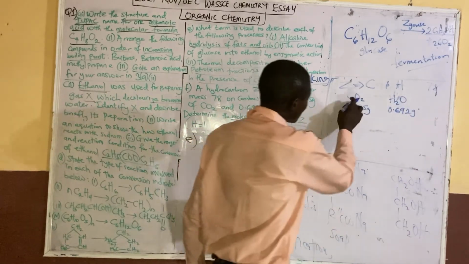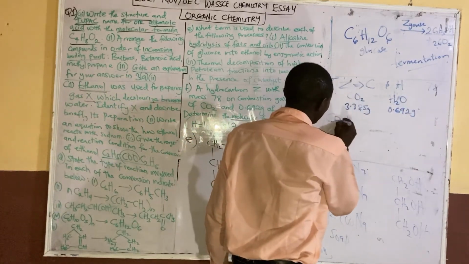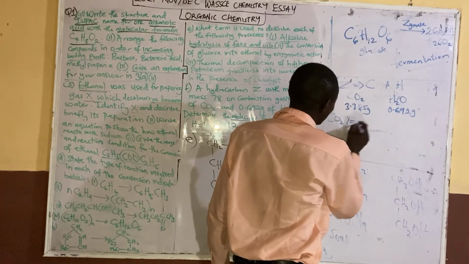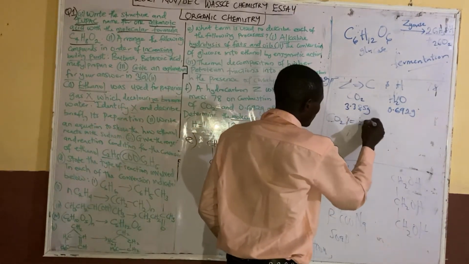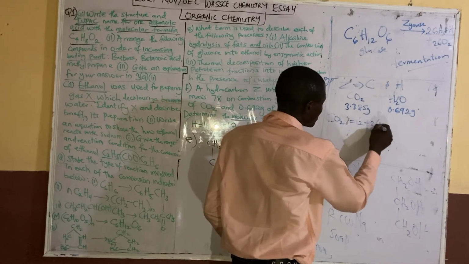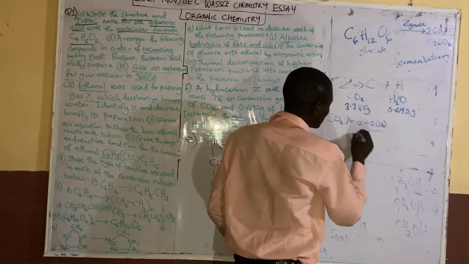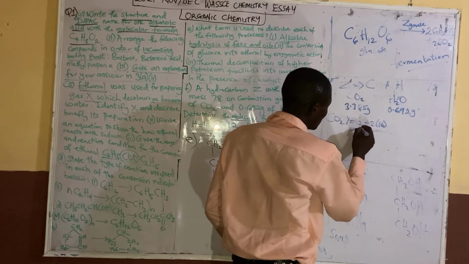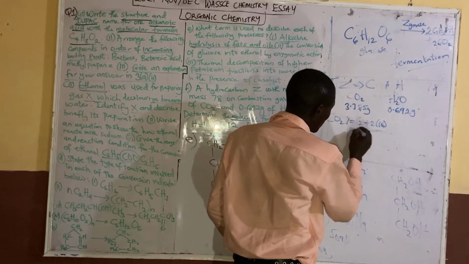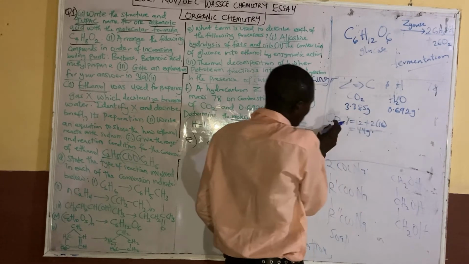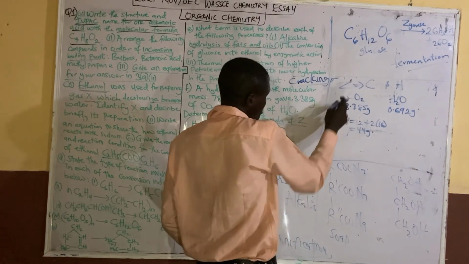So we calculate the molecular mass of CO2. It is 12 plus 2 times 16. When you add it together, 12 plus 32 gives 44 grams.